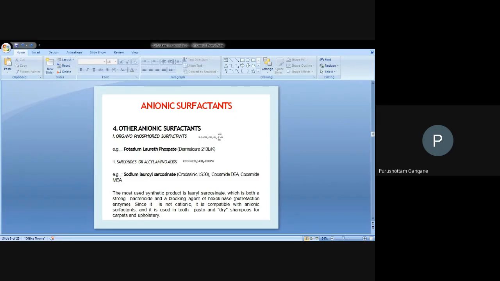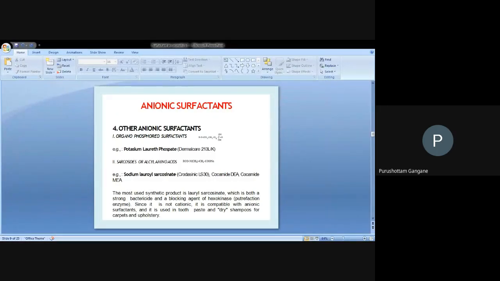The most used synthetic product is lauryl sarcosinate. It is mostly used because it has a bactericidal property, and it is a blocking agent of hexokinase, the enzyme which is required for the growth of bacteria.